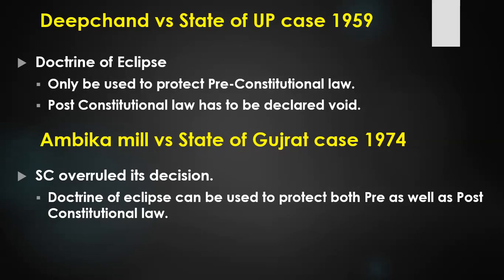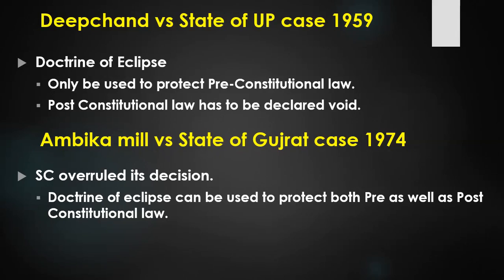That's why they do not deserve any protection under the doctrine of eclipse. So these laws will be declared invalid, void and dead, and in future they cannot be revived again.